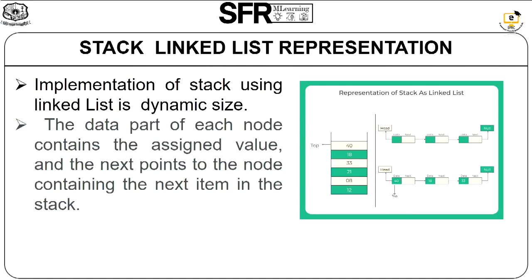This is the linked list representation of stack. In a linked list representation, the data part represents the assigned value of the stack and the pointer represents the next item of the stack in a linked list.